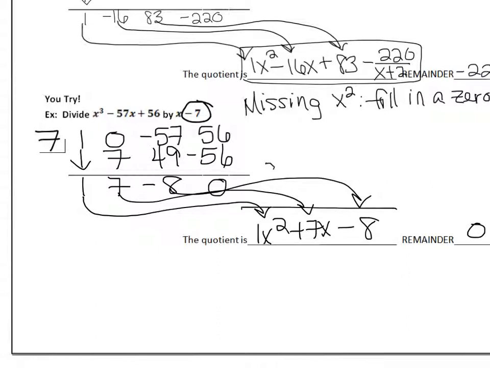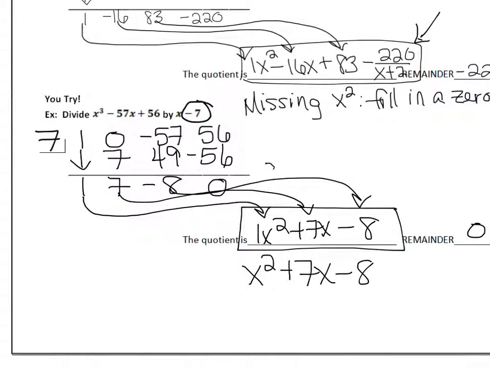We just leave this as our answer. And again, the better answer would just be x squared plus 7x minus 8. We'll finish the rest of these notes tomorrow, so your homework is just on practicing the synthetic division. And again, any remainders, make sure you put them over the fraction.